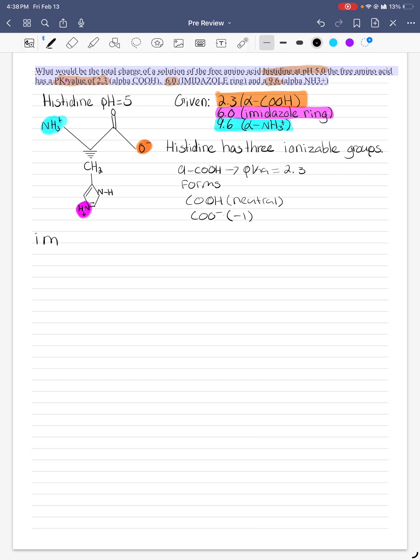So the imidazole ring side chain, right? pKa is 6.0, and it forms protonated imidazolium, positive charge 1, right?